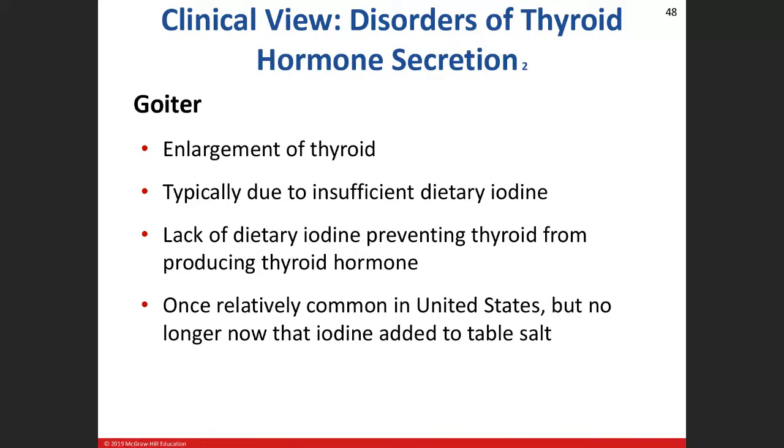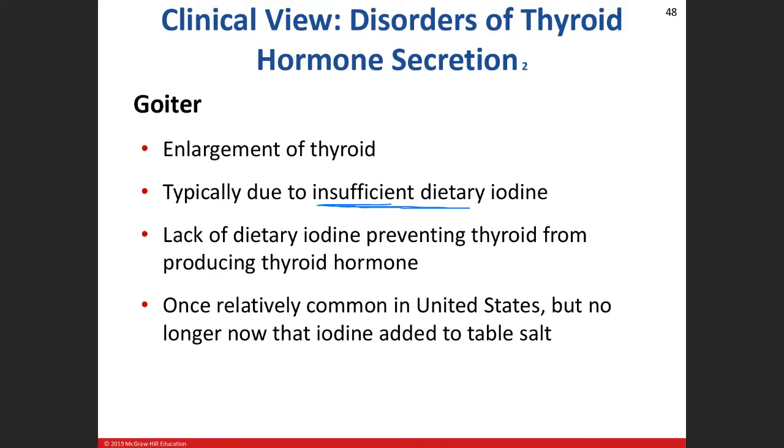All right. Goiter, this is that big lump in your throat, all right? This is what happens when you do not have enough iodine, okay? Think about the negative feedback system, that hypothalamic pituitary thyroid axis, right?